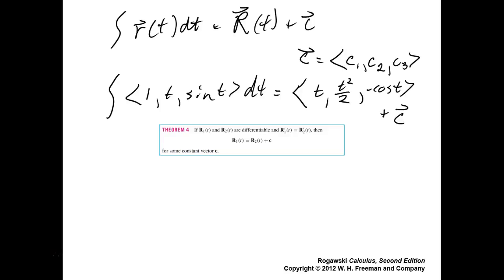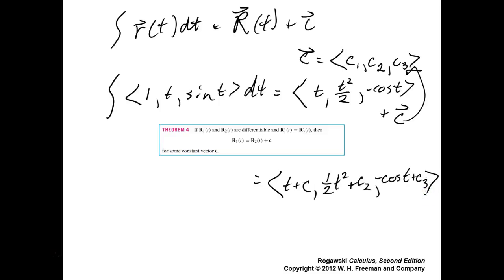Now, what does that mean? The answer could be written as t plus c1, because that's just a scalar number, comma, one half t squared plus c2, comma, minus cosine t plus c3. Which, frankly, when you did the integration, is what you would get.